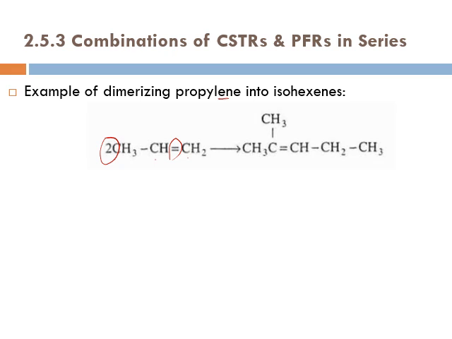So you have 3 carbon atoms, and now here we have 6: 1, 2, 3, 4, 5, 6, and it's in the iso configuration because this carbon, as you can see, is connected to 3 other carbon atoms. So that's the dimerization.